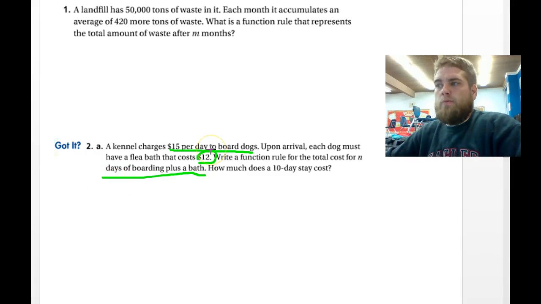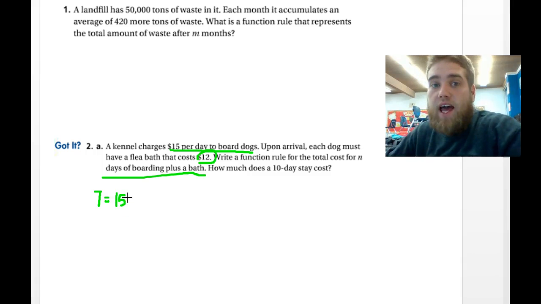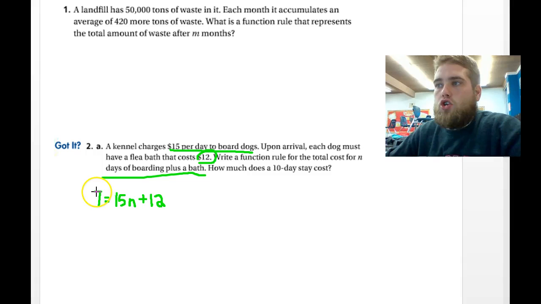So the total cost equals $15 per day, so that's 15 for every day your dog's in the kennel. So it says in n days, so 15n, plus a one-time flea bath that costs $12.